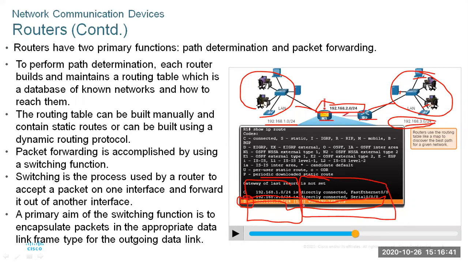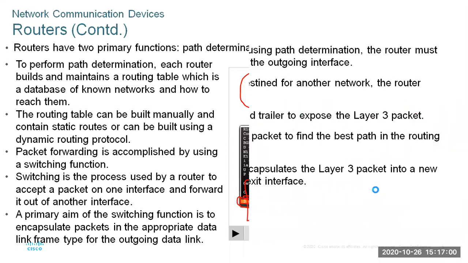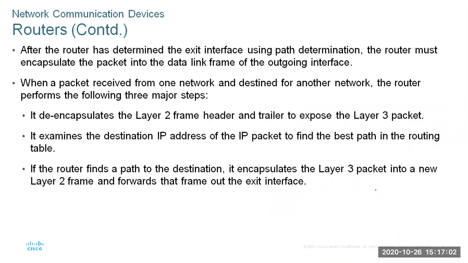If it gets this as the match, it says, okay, how do I forward the packet? So it will tell it, forward it through this interface, or this interface, or this interface. So the switching process takes place here. So those are the two primary functions of the router.